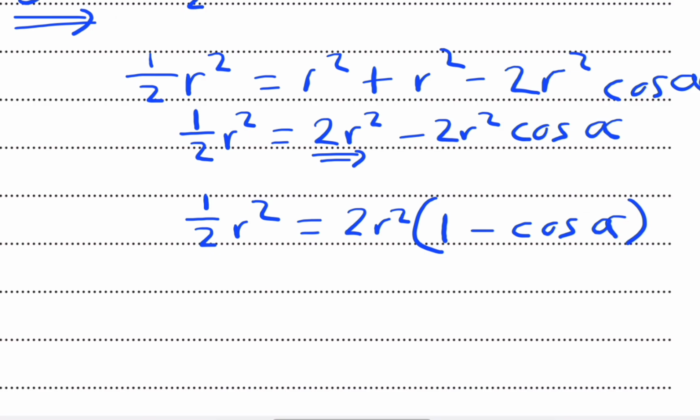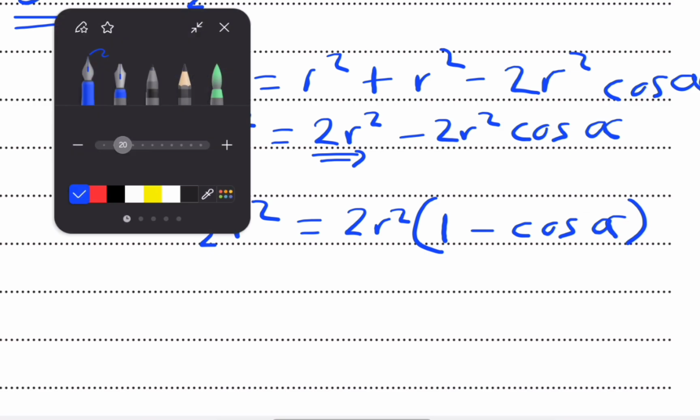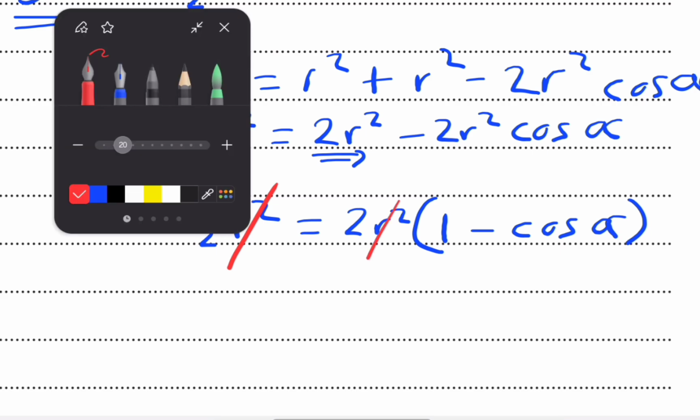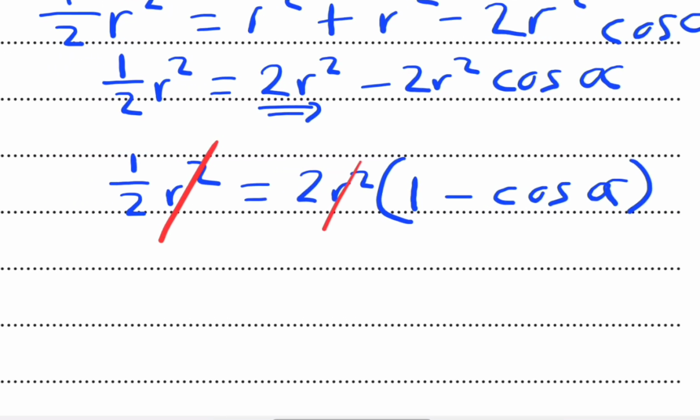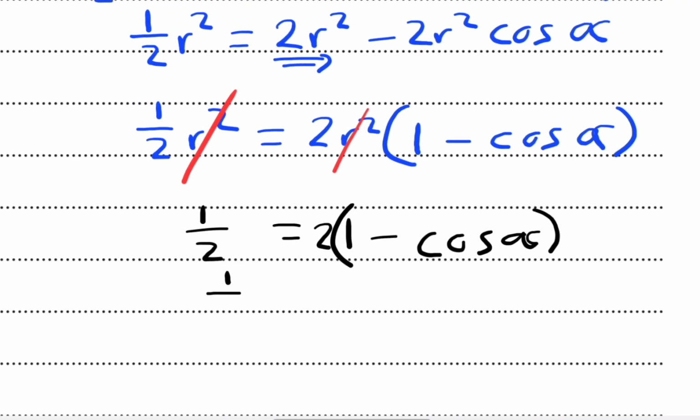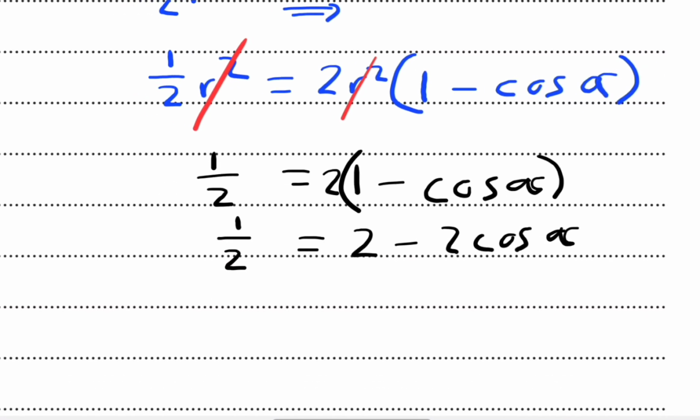And with this now, we can see that we have r squared on both sides, so we can safely cross it out. So half equals 2 minus 2 cos alpha, right?